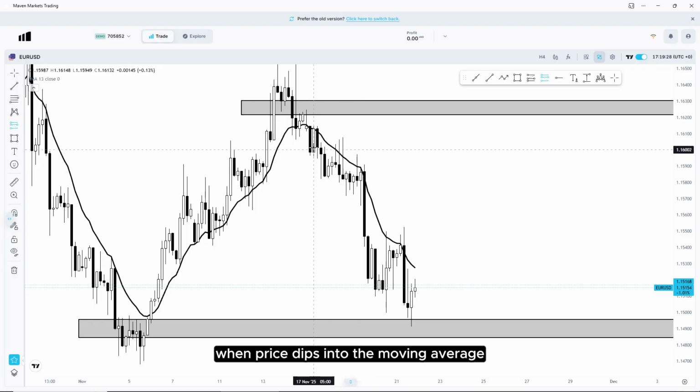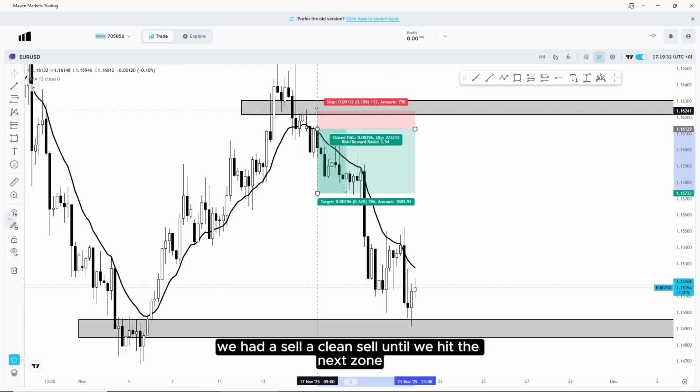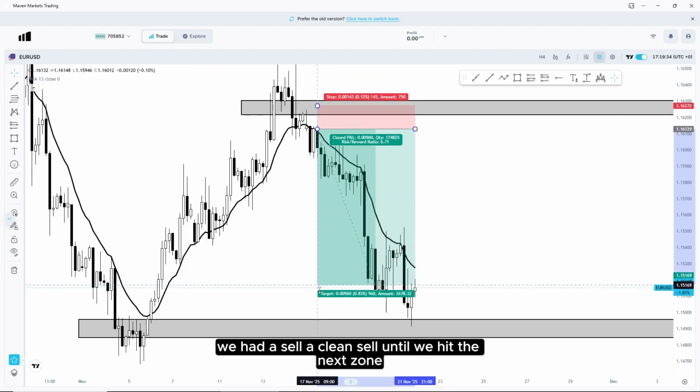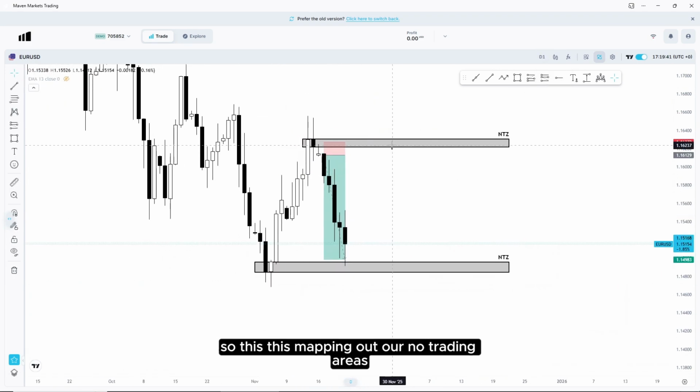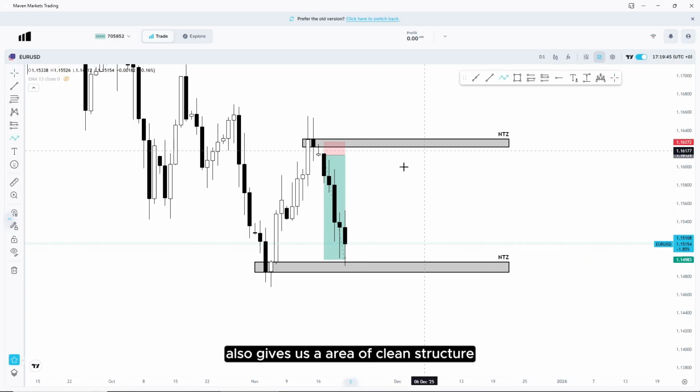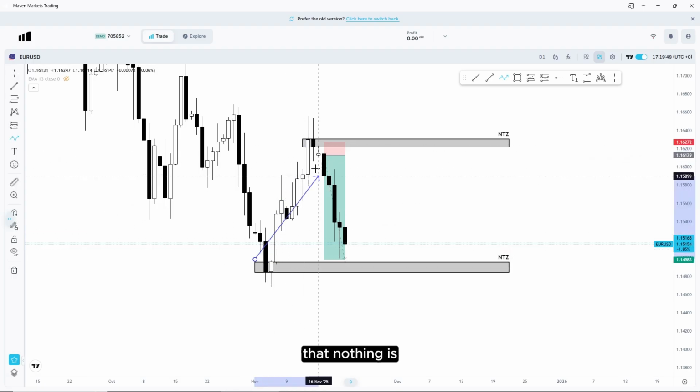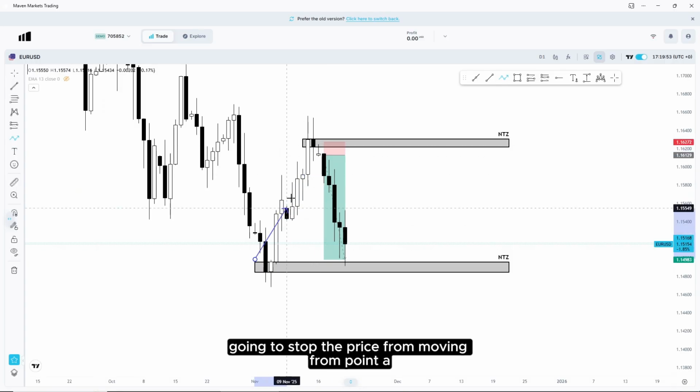When price dips into the moving average, we had a clean sell, until we hit the next zone. So mapping out our no trading areas also gives us an area of clean structure, where nothing is going to stop the price from moving from point A to point B.